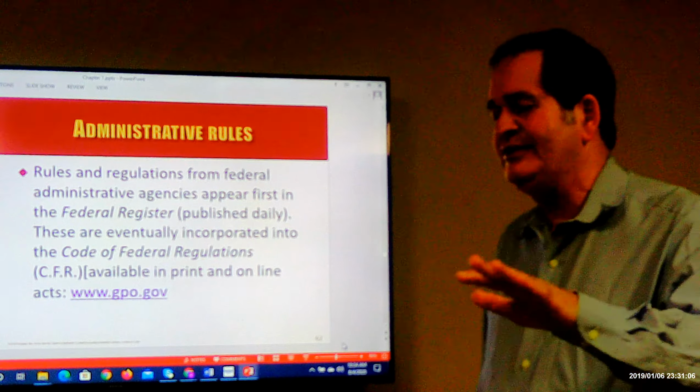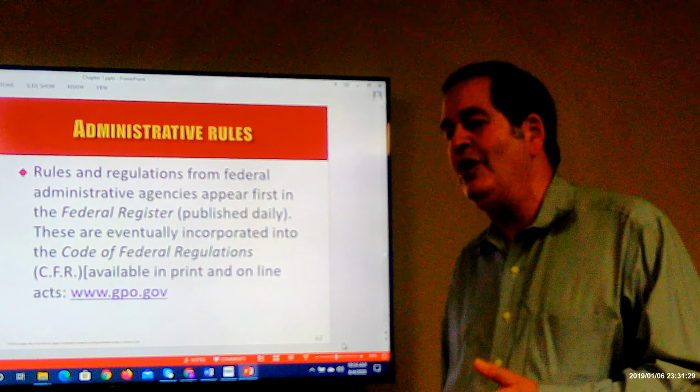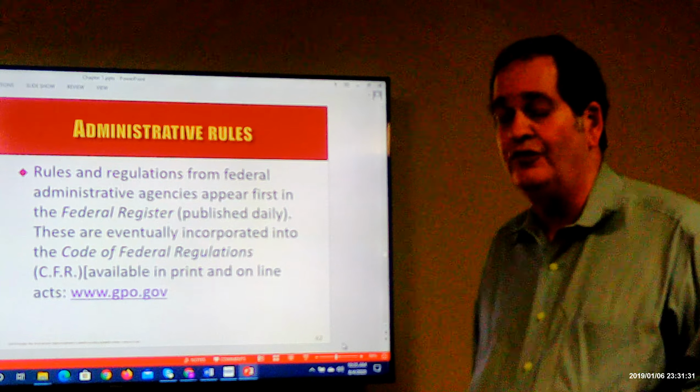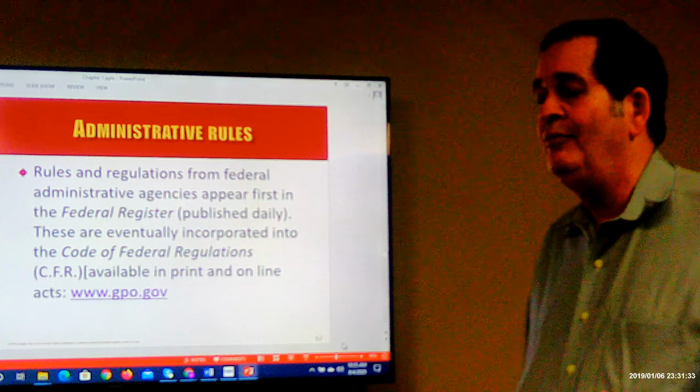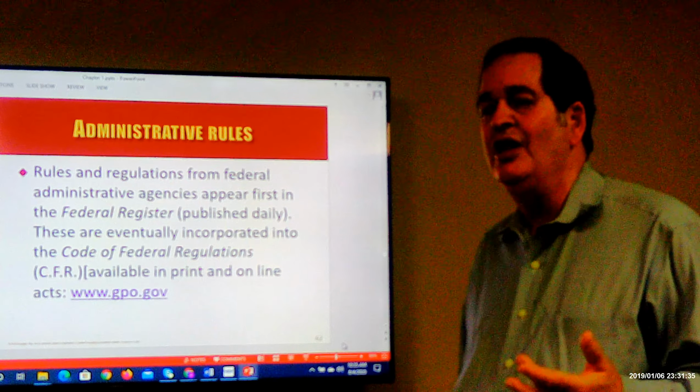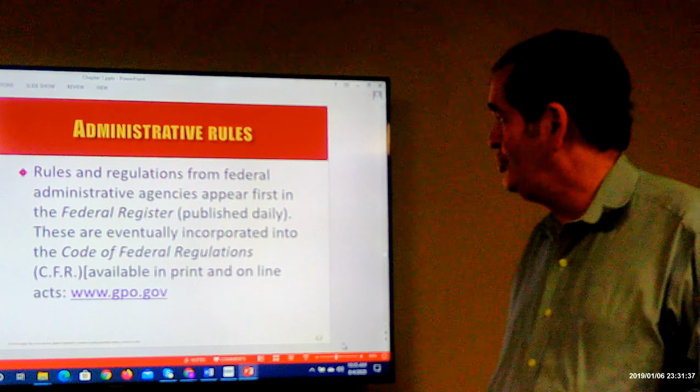Eventually, it's codified, just like statutes are, in the Code of Federal Regulations, which is available in print and online. In print, it's not particularly useful unless you have a secondary source telling you where to go, and that's primarily because there's not a very useful index or table of contents that's helpful in that situation.